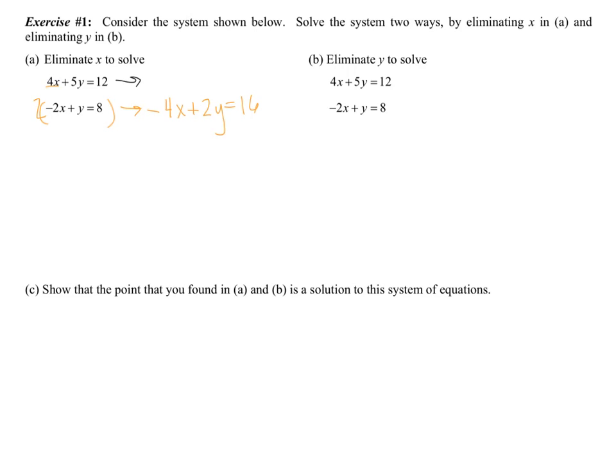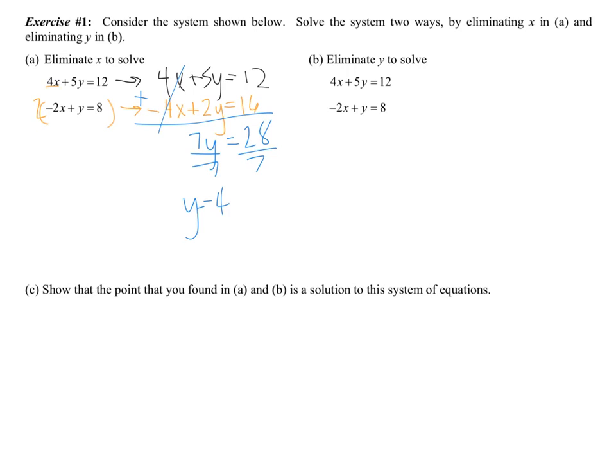Then we're just going to transfer over the 4x plus 5y equals 12. Now we have our giant addition problem. So the x's eliminate, 7y equals 28, divide by 7, and y equals 4. So we eliminated x in the first one to find y.